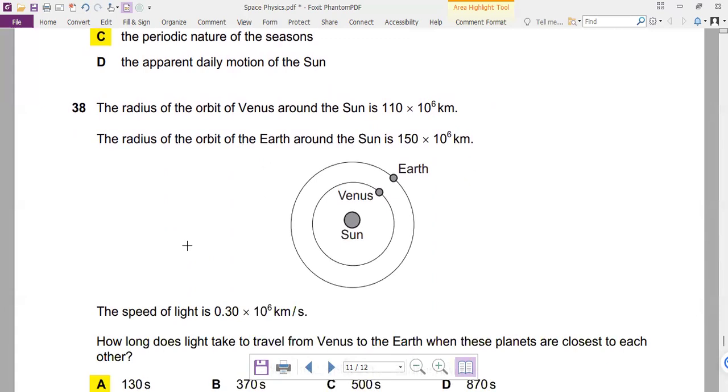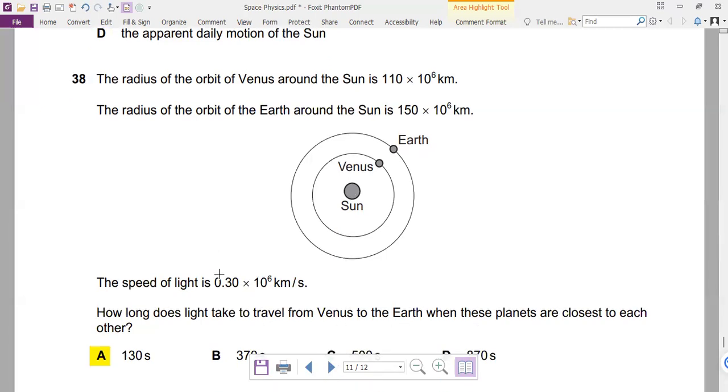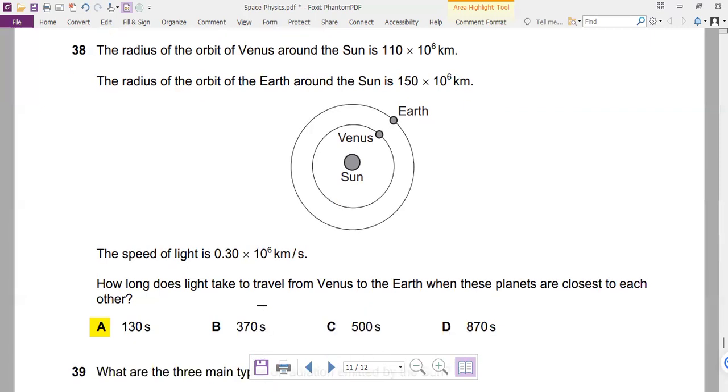So, a tricky question. We have the distance of Venus from the Sun as the radius, and the radius of Earth. So the shortest distance between Earth and Venus will be the difference in the radii, and it's easy to calculate: 150 minus 110.